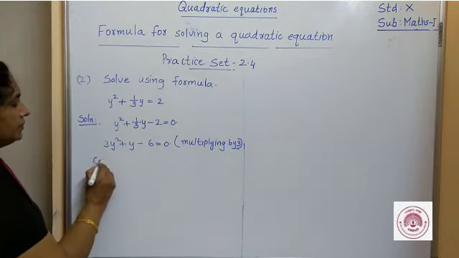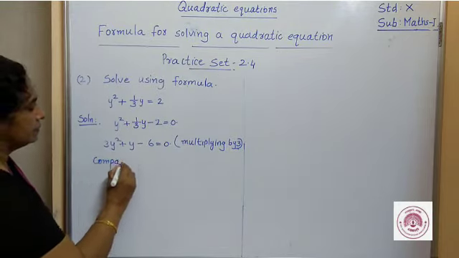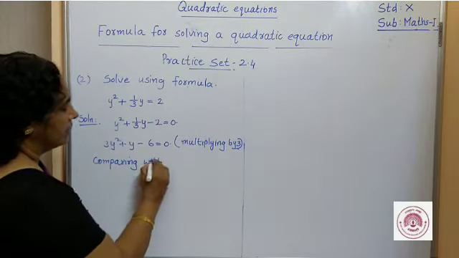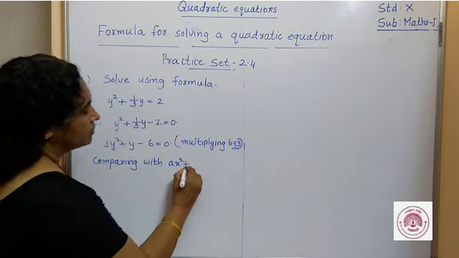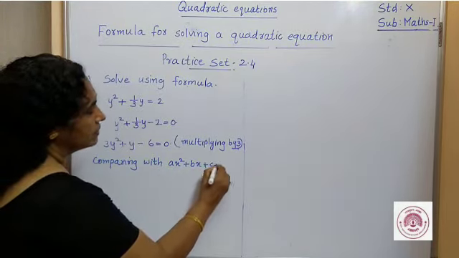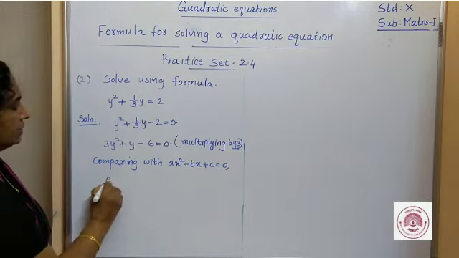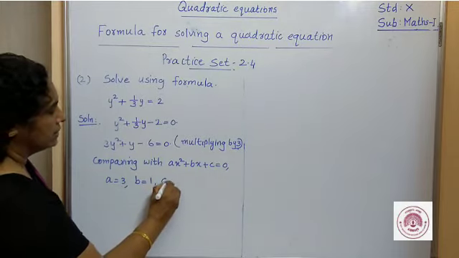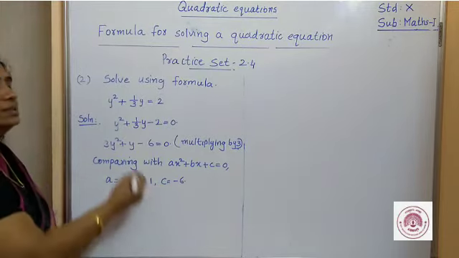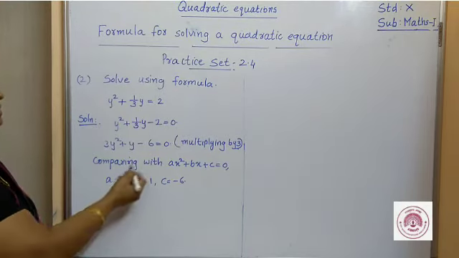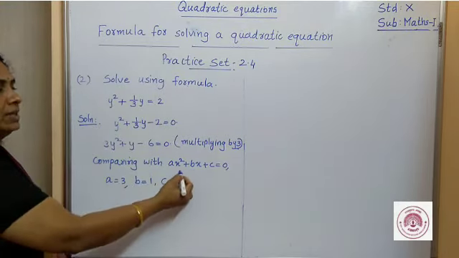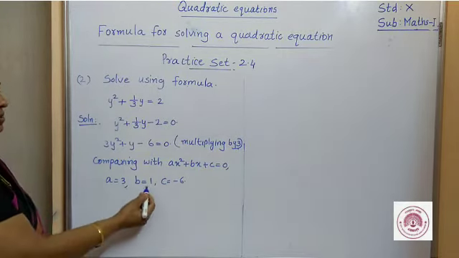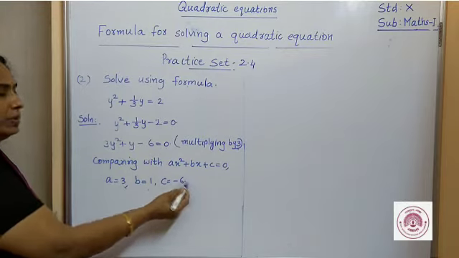Now comparing with ax square plus bx plus c is equal to 0, we get a is equal to 3, b is equal to 1, c is equal to minus 6. That is, comparing the given quadratic equation with the standard form ax square plus bx plus c is equal to 0, we get a is equal to 3, b is equal to 1 and c is equal to minus 6.